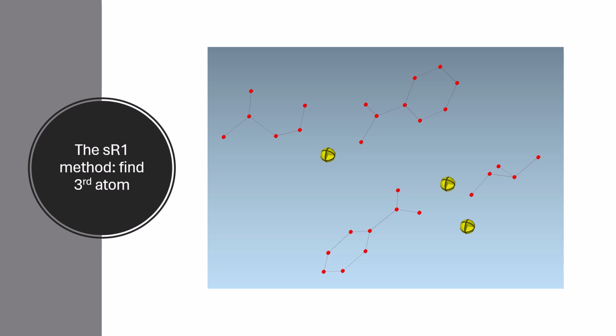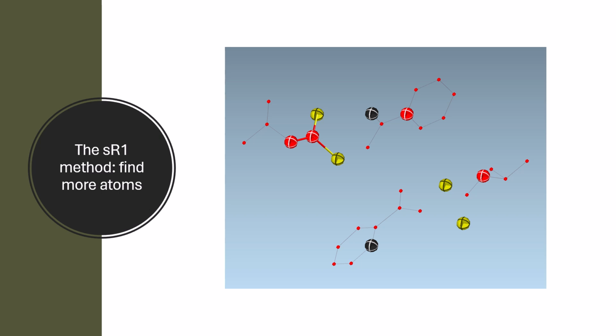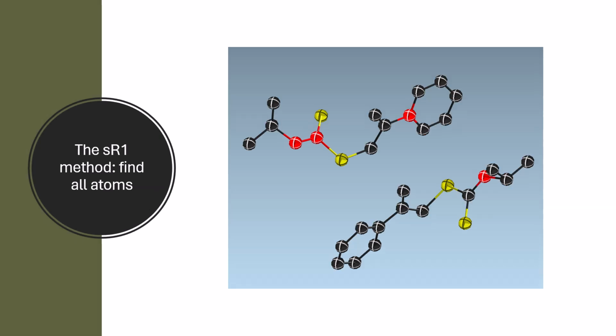In this way, we determine the third atom, and similarly, we determine more and more atoms until finally we complete the model. Now, with this example, we are lucky because in one run, we determined the correct model.